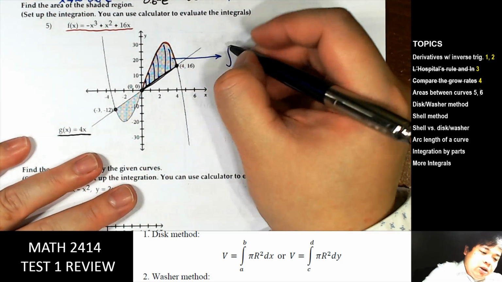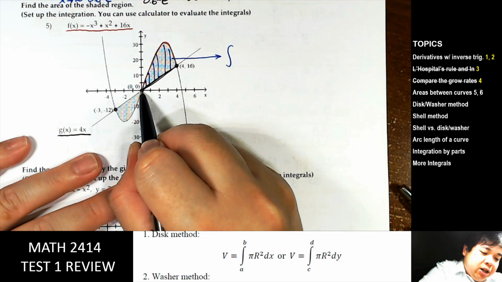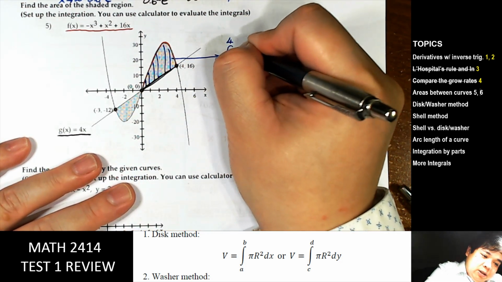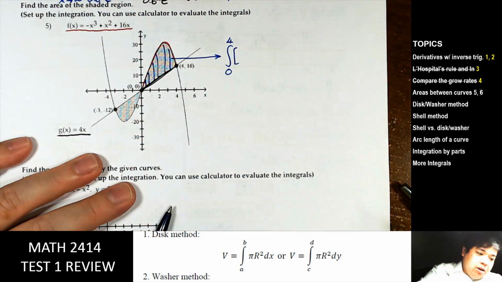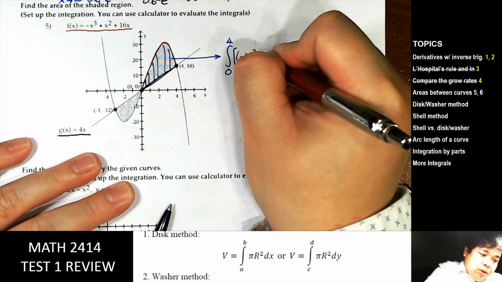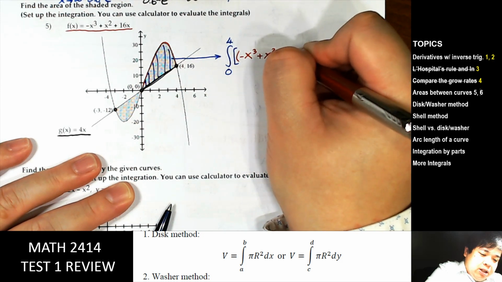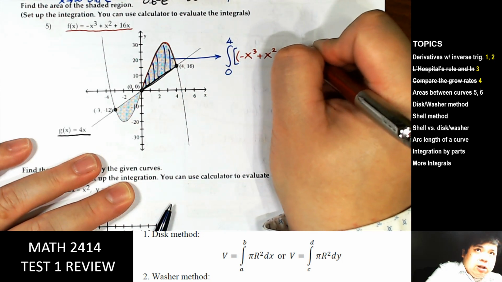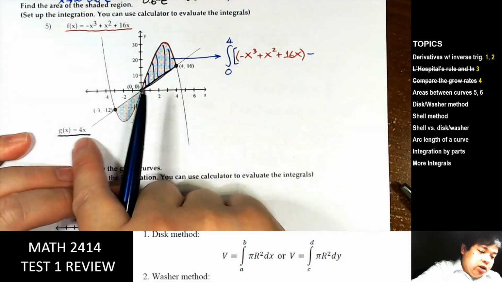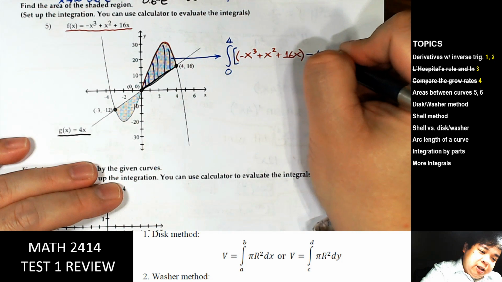So we're going to write the integral. We can see it goes from 0 to 4. So the top, negative x cubed plus x squared plus 16x, minus the bottom function 4x.